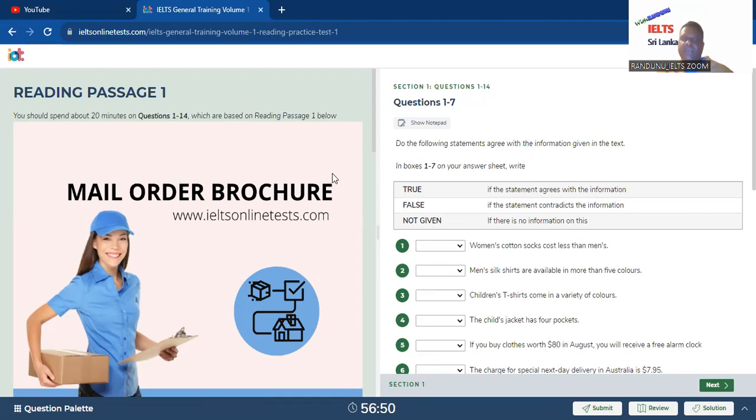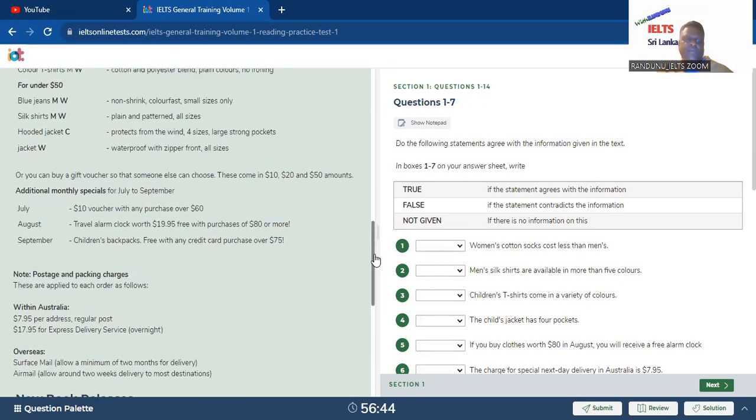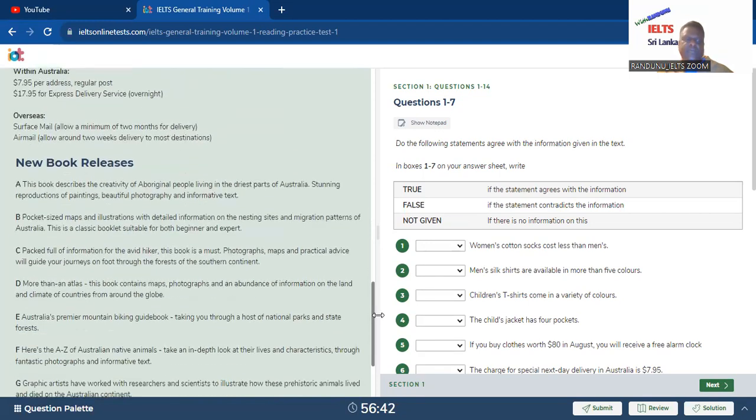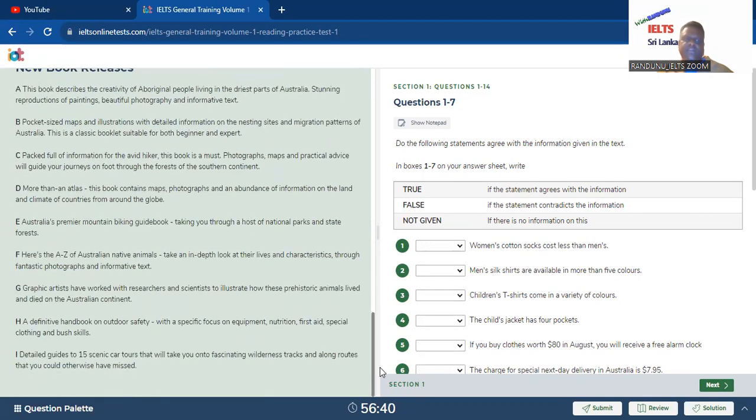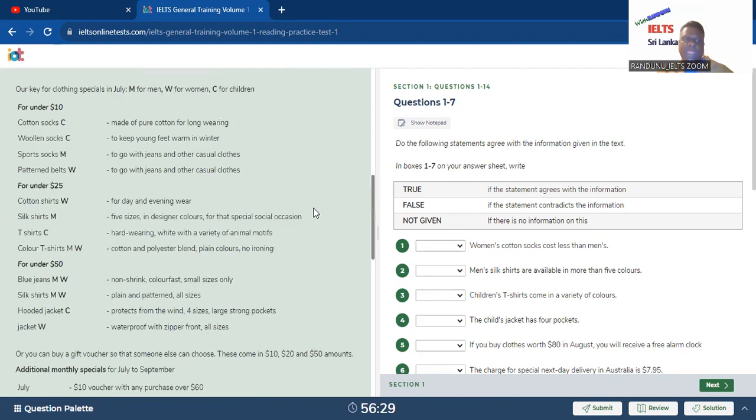This is the first passage up to here. The second passage starts from here. I told you one section in general has two passages, section 1 and section 2. Section 3 has only one passage.